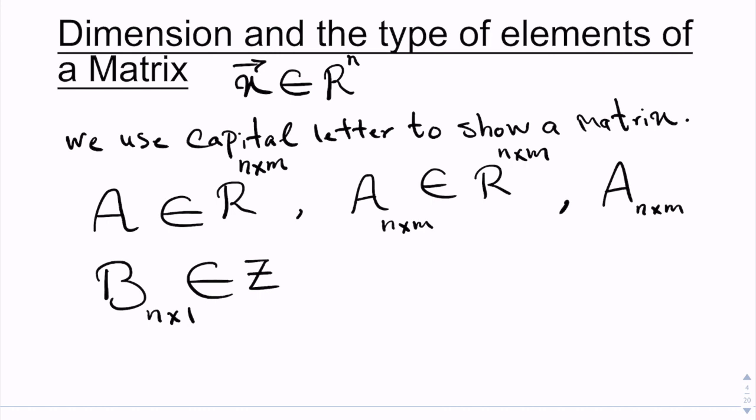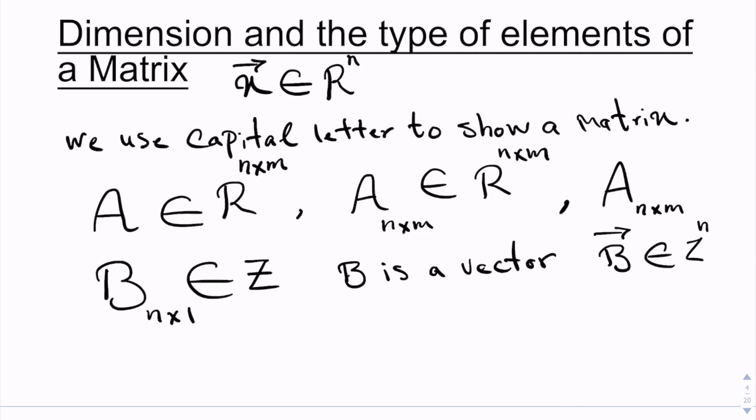The dimension of this vector is n by 1, or we can say this is a one-dimensional array of n elements. They are both equal. So we can show B as a vector belonging to Z^n. That's the same. So don't be confused that a vector could also be a matrix with dimension 1.